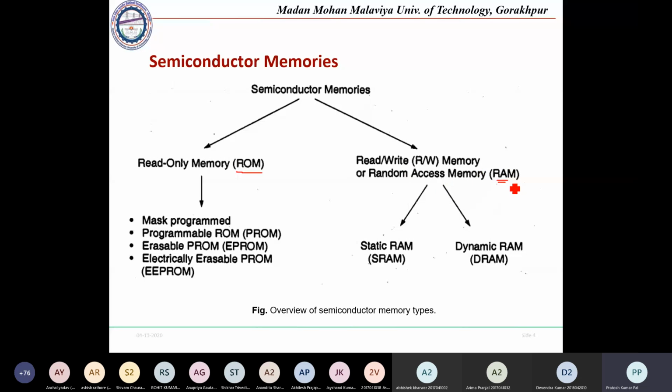The random access memories have the capability of reading a data and writing a data. But in case of ROM, it is only read. The option of read is only there; there is no option of write.